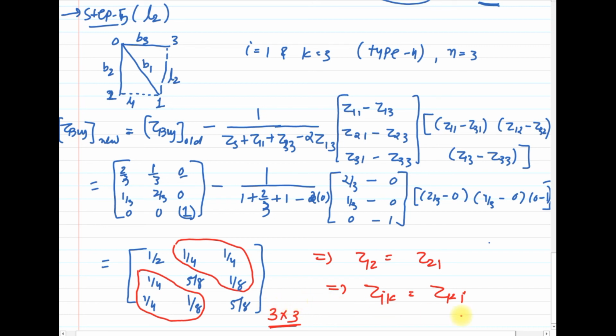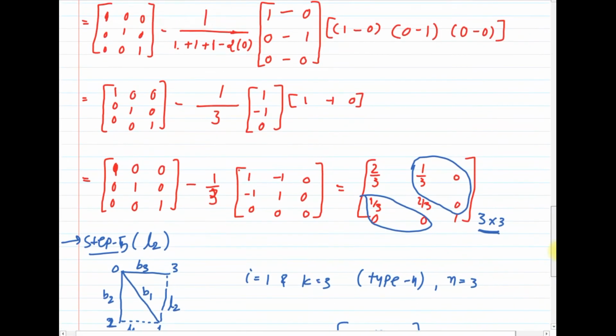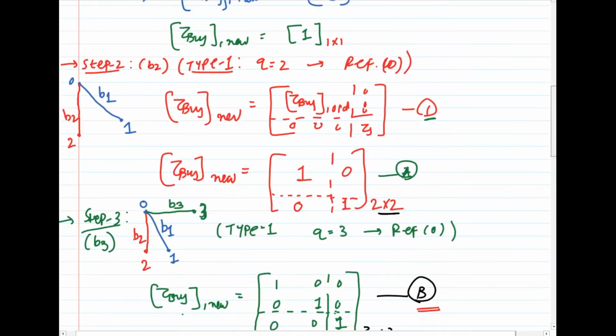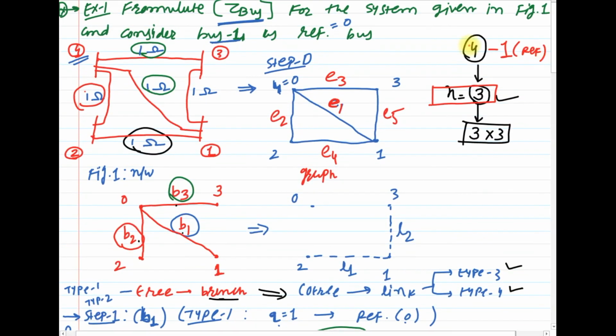In the next session we will see some more difficult examples or some more difficult questions. So, as homework for you, just repeat the same example, or calculate the same example, and consider bus number 1 as a reference bus.